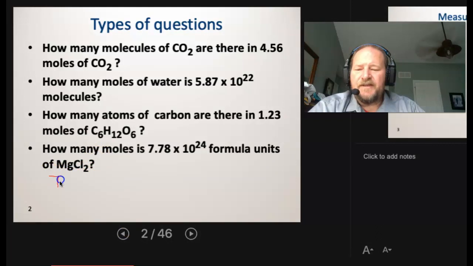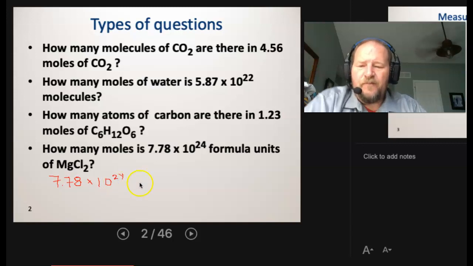So we're going to take 7.78 times 10 to the 24th formula units.